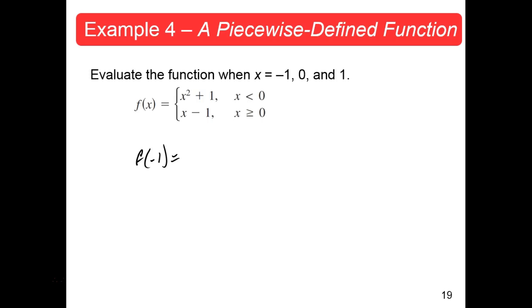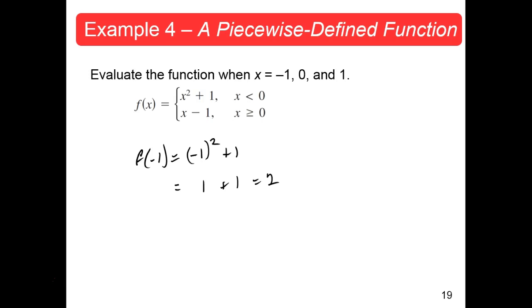And what does that give you? Negative 1 squared plus 1. And what's that? 2, okay? I was wanting you to say 1 plus 1 equals 2. High-level math today. 1 plus 1 is 2.